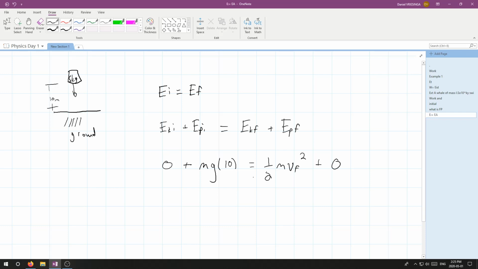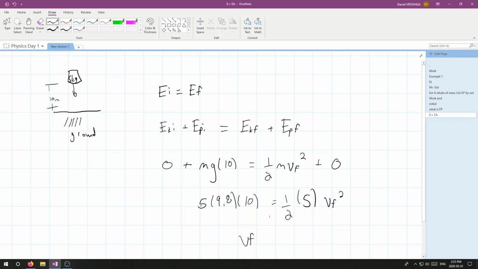So when I go to solve this problem now, there's no vectors anymore, which is nice. I end up getting 5 times 9.8, and the masses will actually cancel here too, but I'm not going to do that for now. 5 times 9.8 times 10 equals 1/2 times 5 times vf squared. Can I solve for vf?